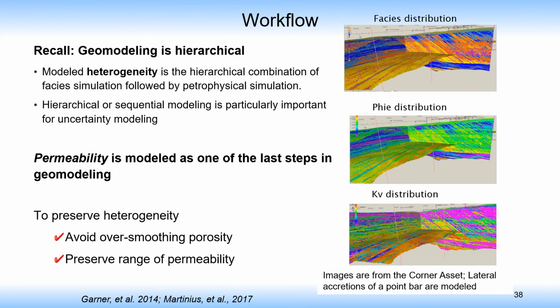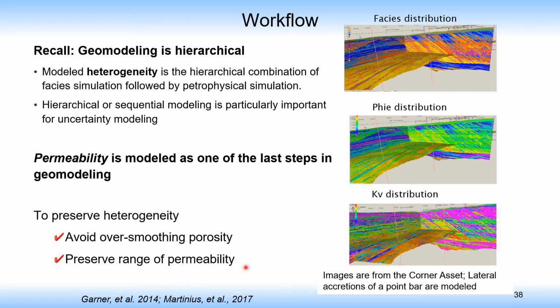Okay, so remember this is a hierarchical workflow. We're modeling heterogeneity, facies first, then porosity, and other parameters. A key, say for permeability, is to preserve heterogeneity, avoid over smoothing these parameters like porosity and permeability.